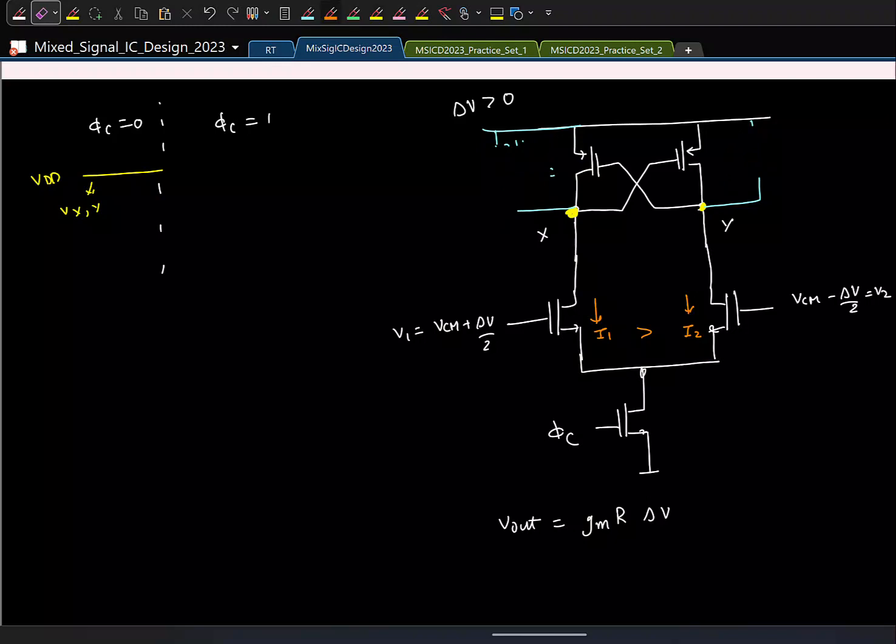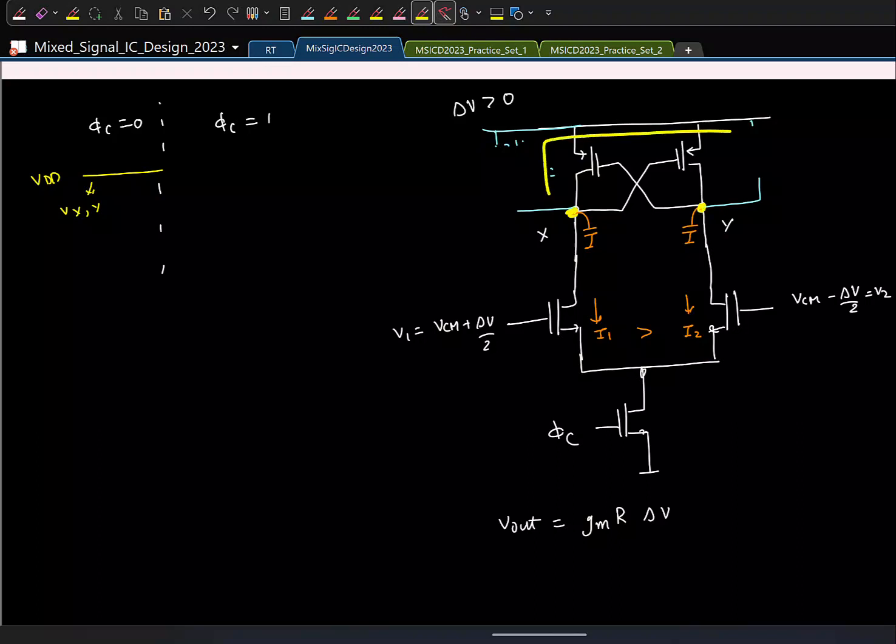Fine. We'll have currents drawn in these two transistors. And again, I1 is greater than I2. So what will happen to these nodes? There are always parasitic capacitors here. And to start with, both the nodes are at VDD.